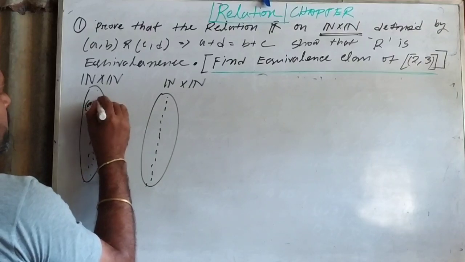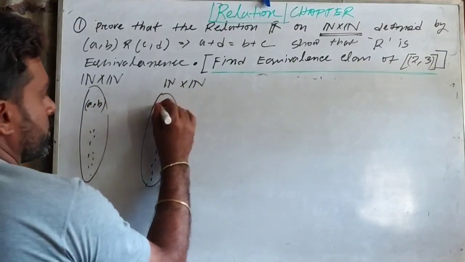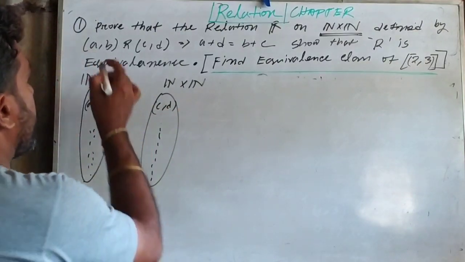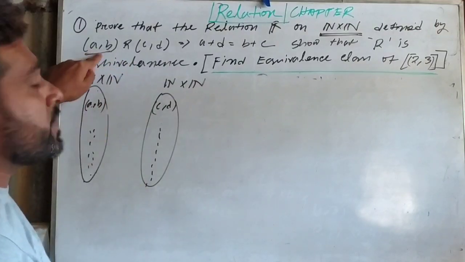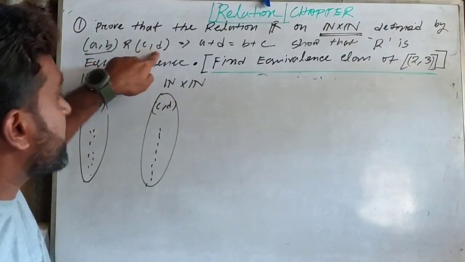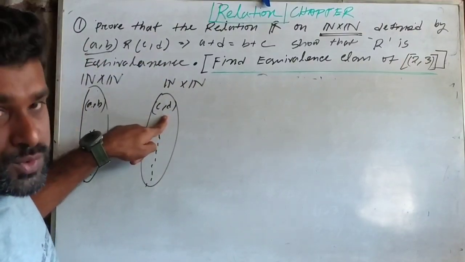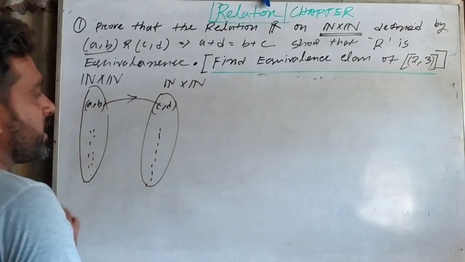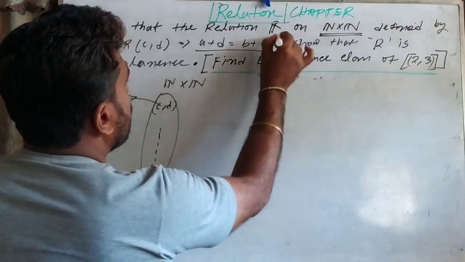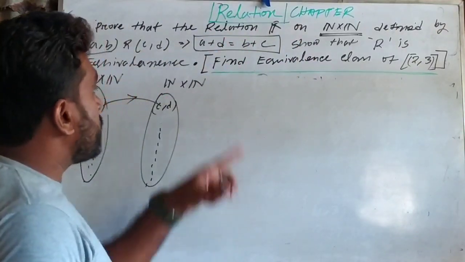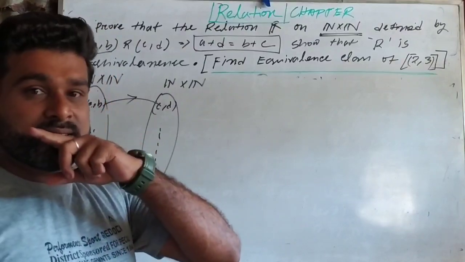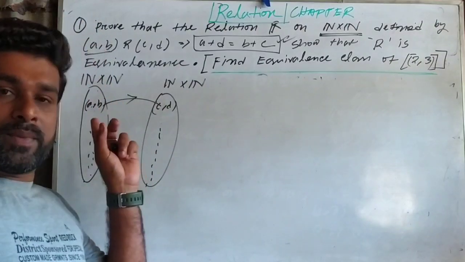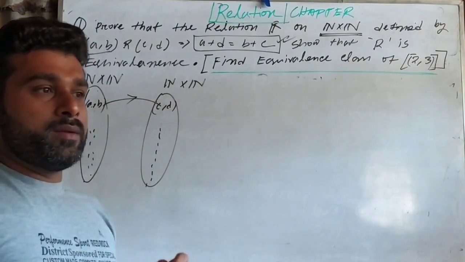If you choose (a, b) as an ordered pair from the first set, and from the second set the ordered pair (c, d) was chosen, then this relation can be constructed when a condition is satisfied. And the condition is what? a + d = b + c. That means when this condition is satisfied, the relation between the ordered pairs (a, b) and (c, d) can be constructed.